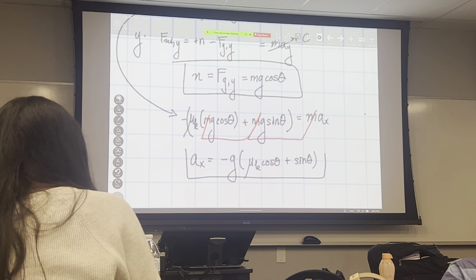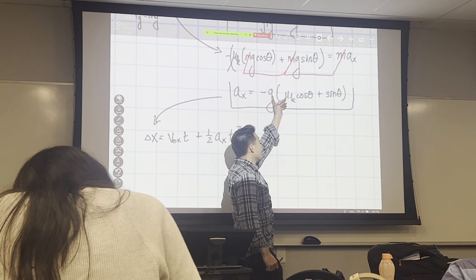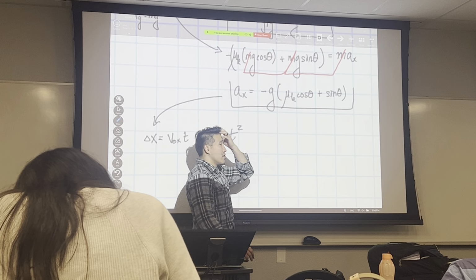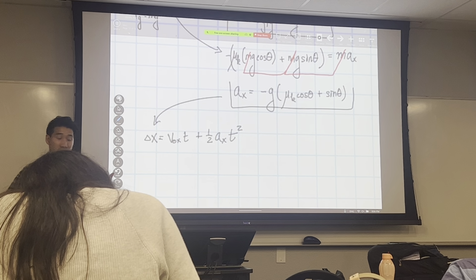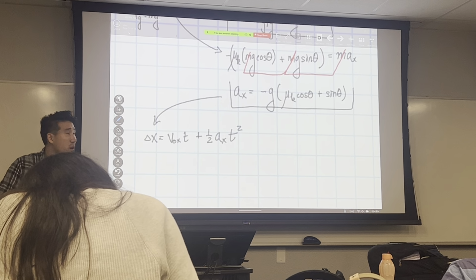We can now turn to our kinematic equation because we have a constant acceleration scenario where the acceleration is given by this expression here. It's just determined by the angle of inclination as well as how much friction you have. So it's a combination of gravity and friction.